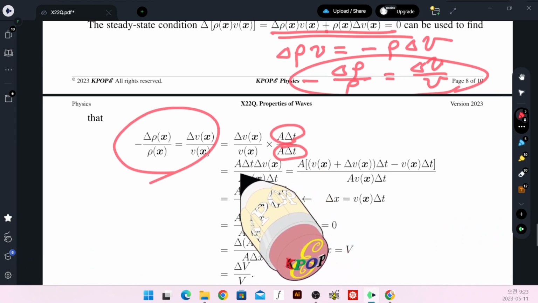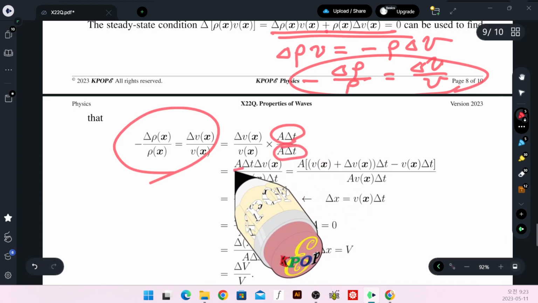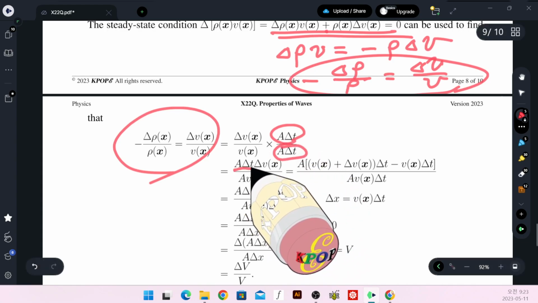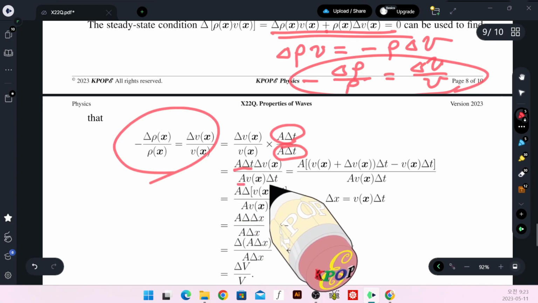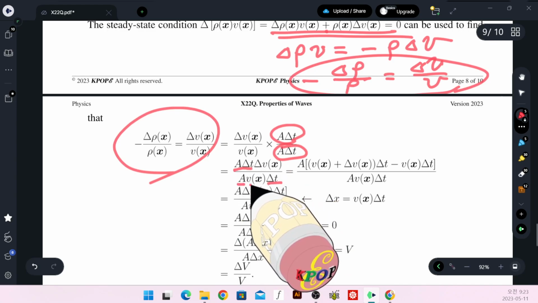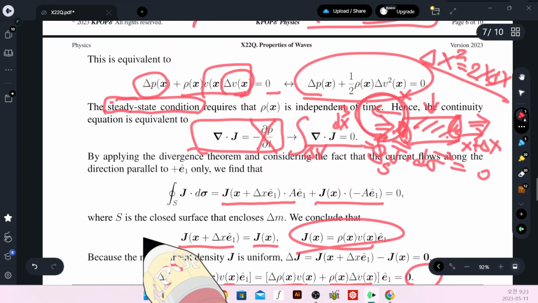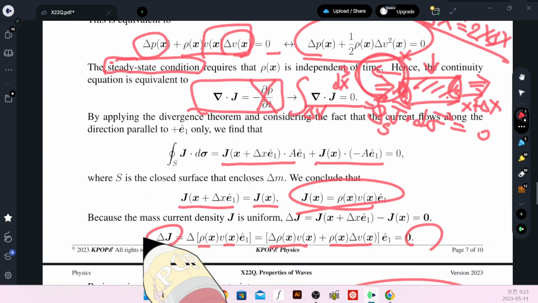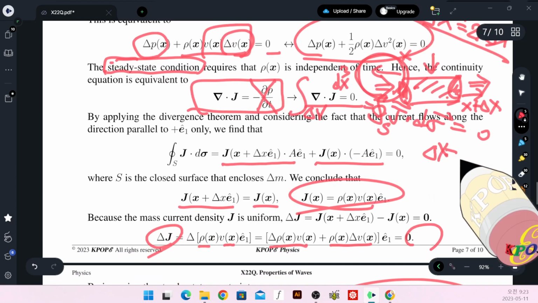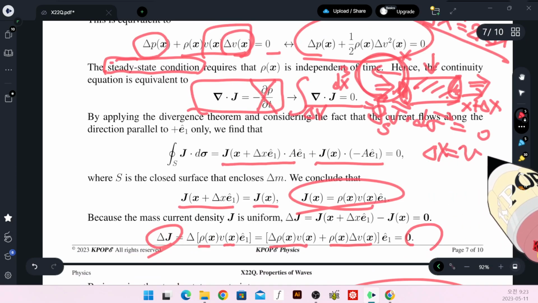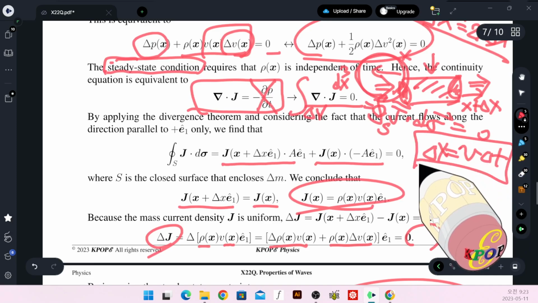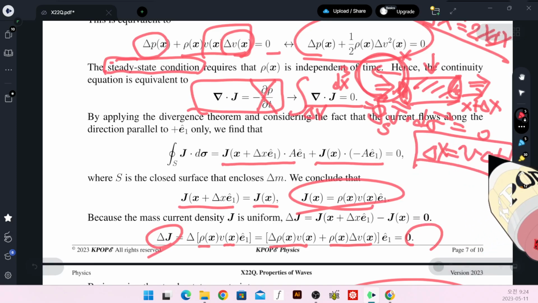And then cross-sectional area multiplied by time, multiplied by V. We used the fact that delta x is V delta t. This is the speed of sound.